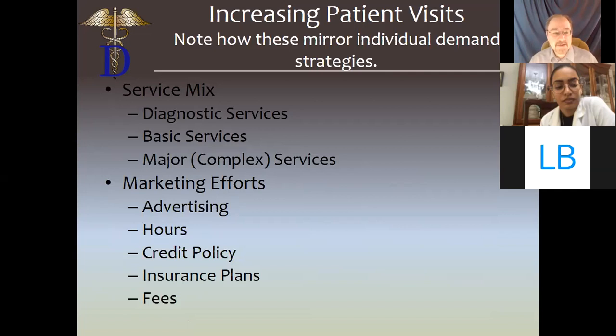So a rough number in advertising, if you take your collections number and multiply it by 2 or 3%, and your advertising is around that range, that's pretty reasonable. So if your collections are 200,000, it's not unreasonable to advertise $4,000 or $6,000 per quarter.